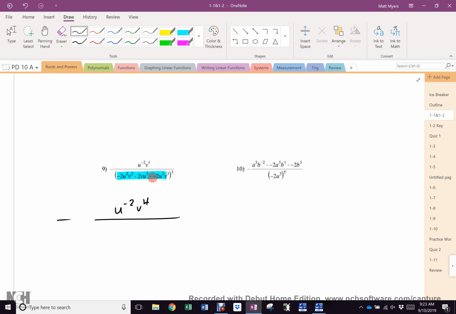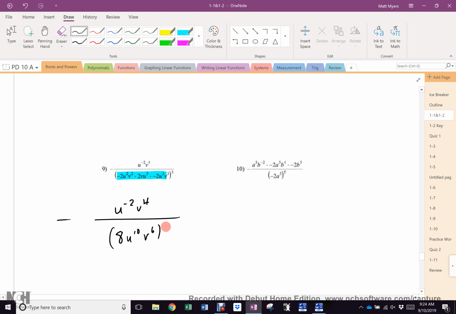Is it? What is it? Positive 8. And how many U's are there? 2. How many U's are there? 5 to make 7. And how many U's are there? So I got U to the 10th. How many V's are there? 2. How many there? 3. How many there? So I got V to the 6th.